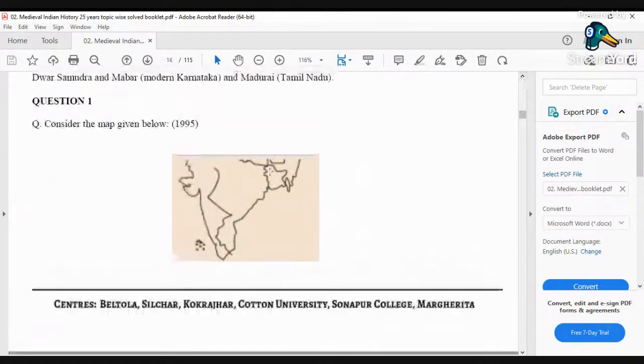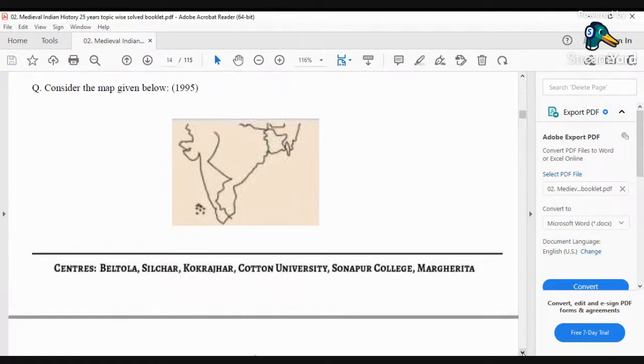See, now this is the route which has been given in the map. As you can see, you have to make out that this particular route starts from North India and comes all the way till deep south.